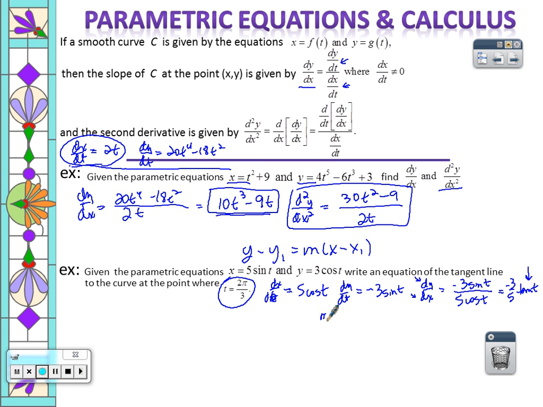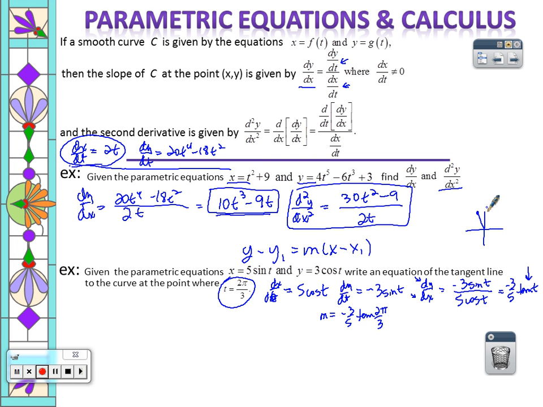So the m, our slope, is going to be negative 3/5 tangent of 2 pi over 3. Okay, so let's remember our unit circle. 2 pi over 3 is 4 pi over 6, so it's this spot. Tangent is, as we said, sine over cosine. So what is that tangent value going to be?